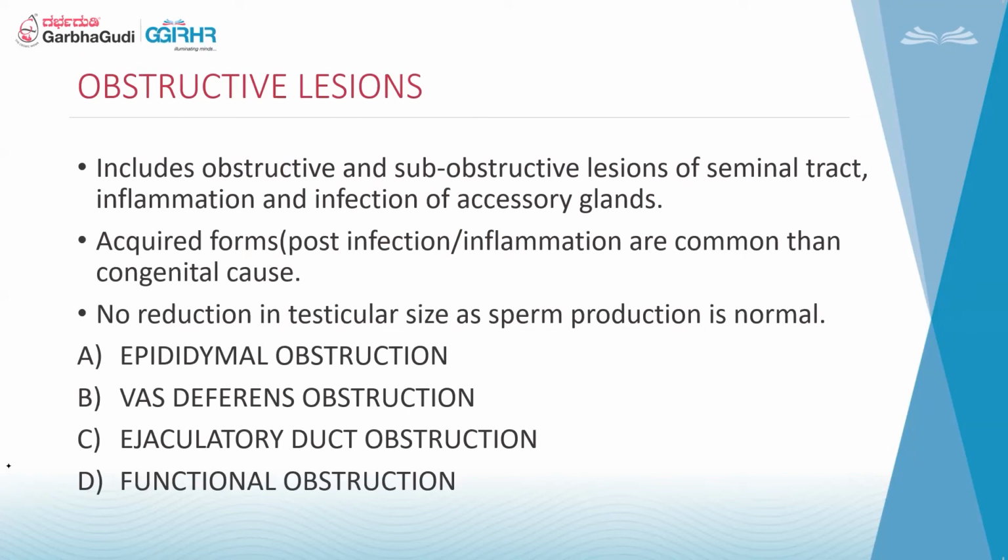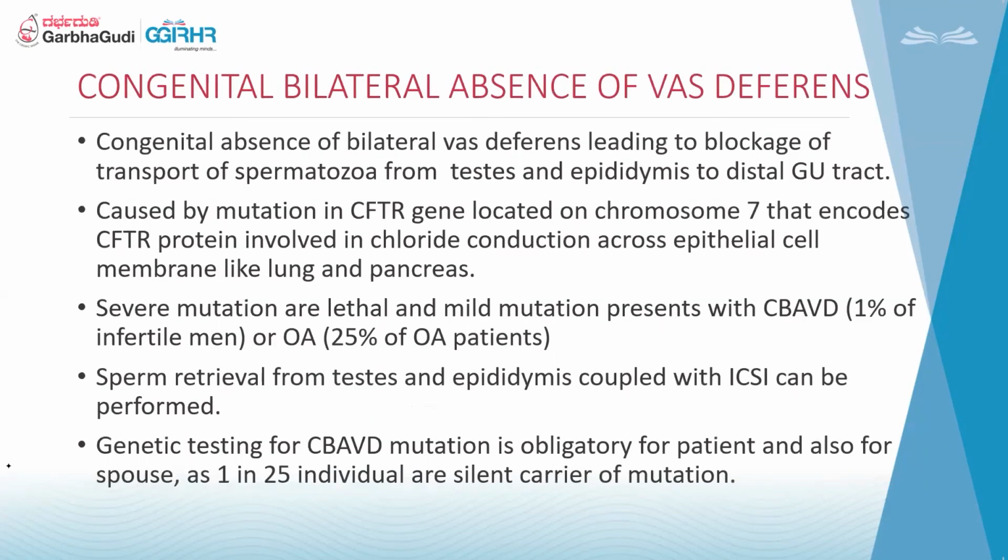It is an acquired form that can be because of earlier infection or inflammation, and these are commoner than the congenital causes. There is usually no reduction in testicular size as sperm production is normal. The obstruction can be at the level of the epididymis, vas deferens, ejaculatory duct, or functional obstruction.